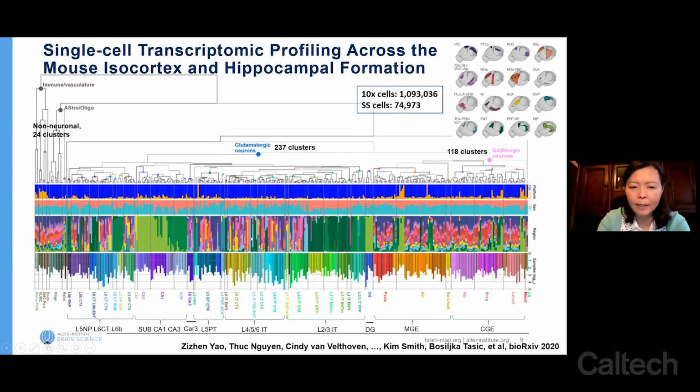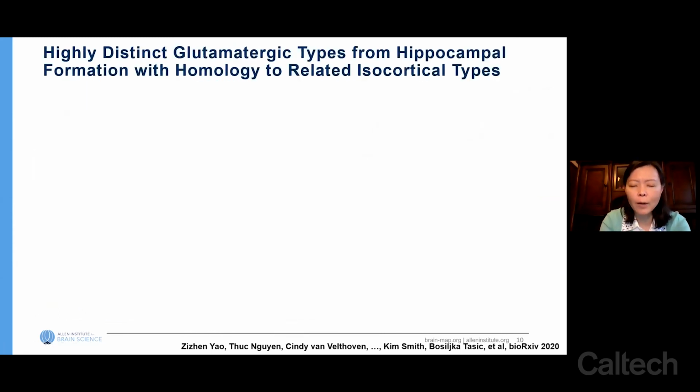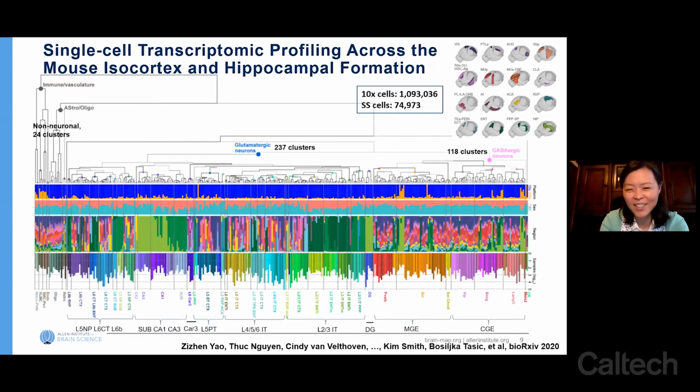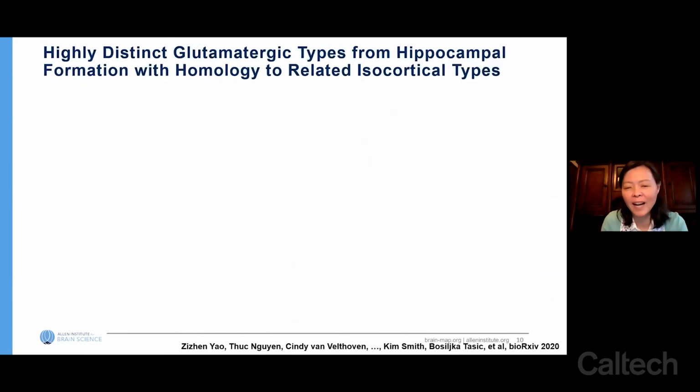So let's take a closer look at what happens. There's really a lot to unpack in this taxonomy tree, and it's detailed in our manuscript shown here. So for this talk, in the interest of time, I only highlight a few key points that we discovered.